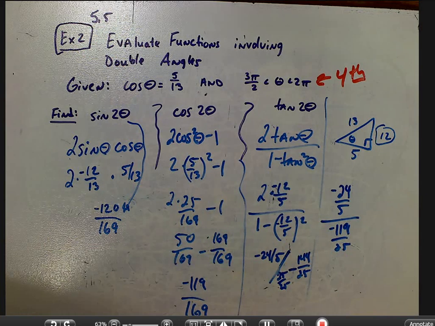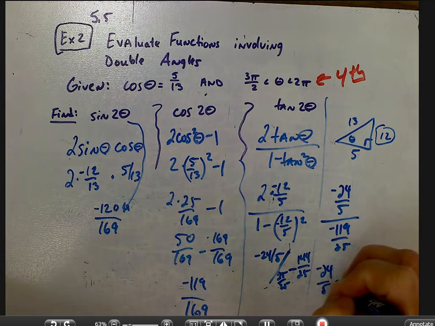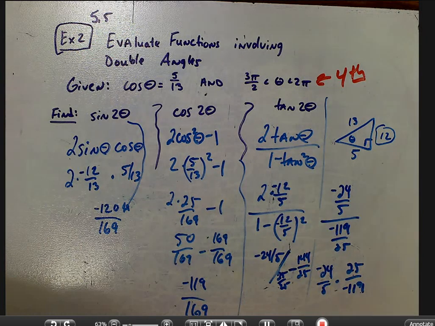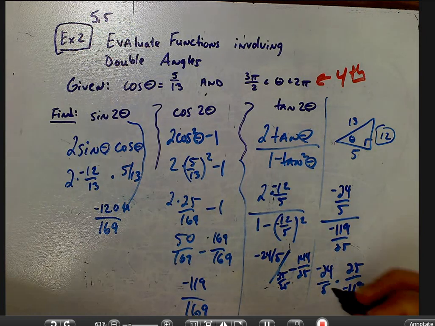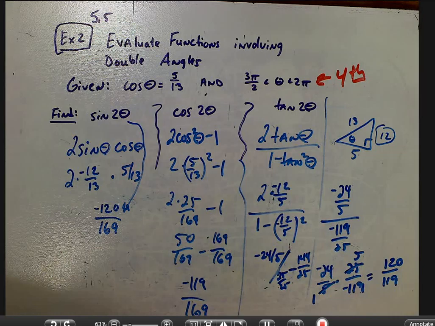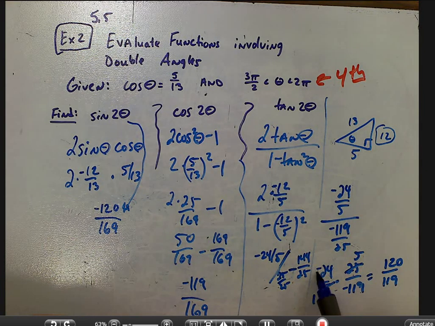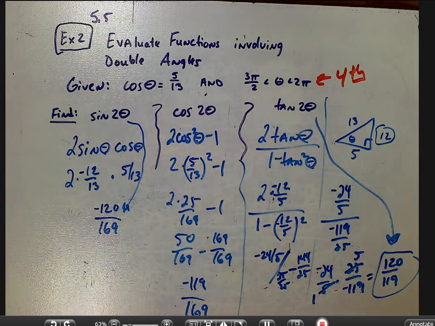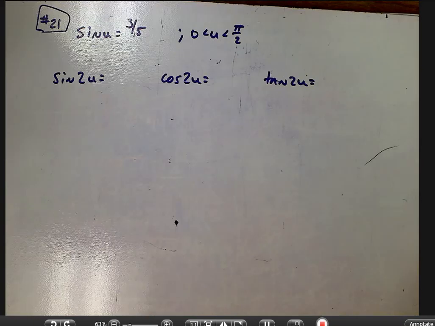Then I take the top one, leave it the same, flip the bottom one over, and multiply. 5 becomes 1, 25 becomes 5, and I get 120 over 119. And since they're two negatives, the answer is positive. So the tangent of 2 theta is that. Go ahead and try number 21. Press pause and come back.